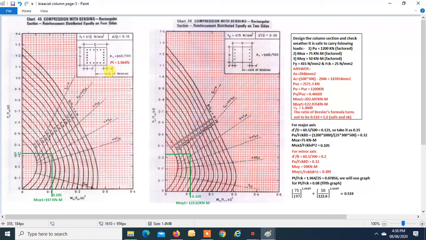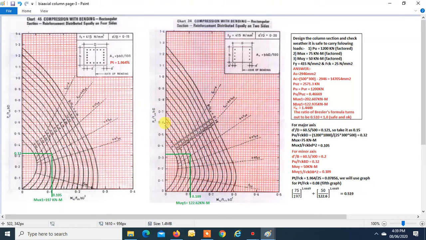So first, about major, D dash is 60.5, D is 500, and that turns out to be 0.121. So we will take the graph for 0.15, Fe 415.